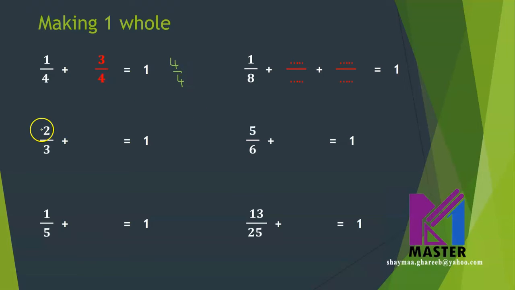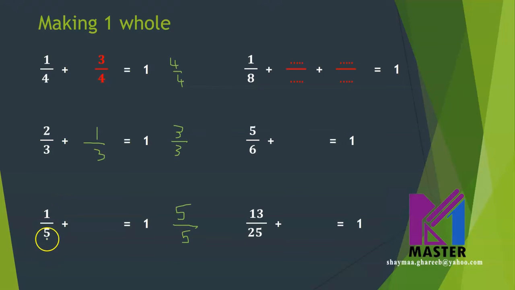All right? 2/3 plus how many thirds gives 1 whole? 1 whole, we said 3/3. I only have 2/3, so I need 1 more third to get 3/3. Next, 1/5. If I want to express the 1 whole in fifths, it will be 5/5.